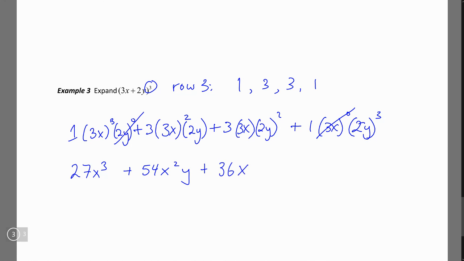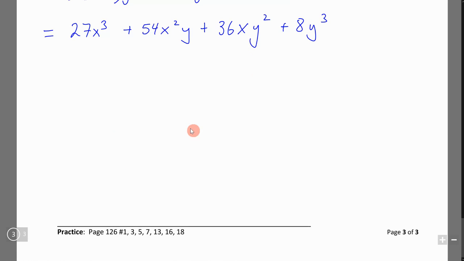A single x, and then a y squared. And then finally, 2y cubed, so plus... sorry, 2 cubed is 8, so 8y cubed. And there you go. So don't forget to cube it after you remove the brackets. And that's it.